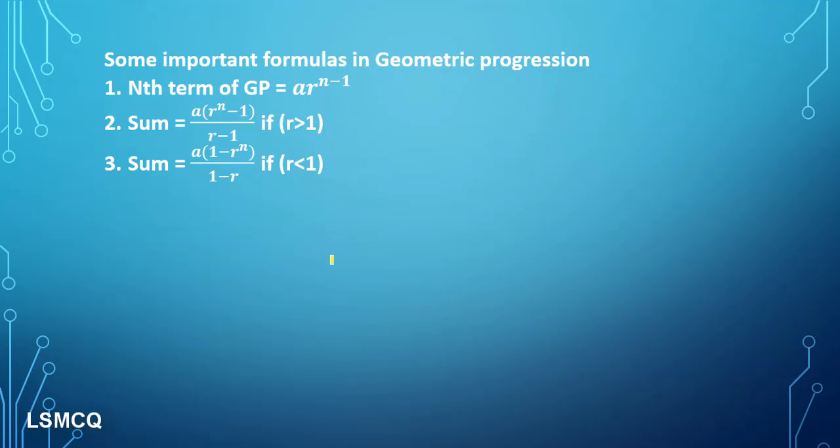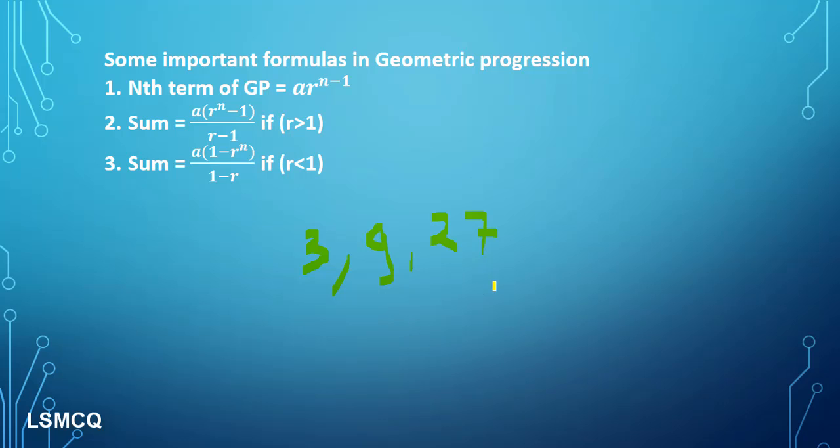In GP, the nth term, any term in GP, is given by A R to the power n minus 1. So let's take an example here. Let's say we have a GP of 3, 9 and then 27. So the A here is 3, the R is 9 divided by 3, which is 3, and n is, if you are taking the first term, 1 in this case.